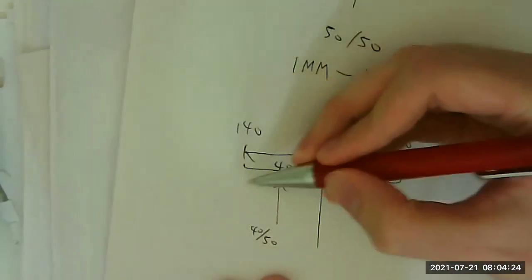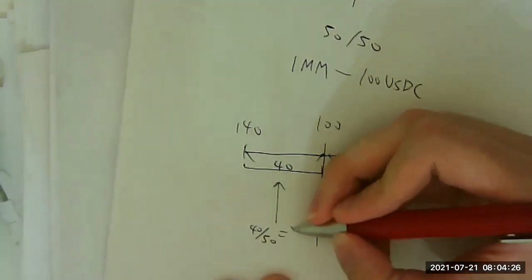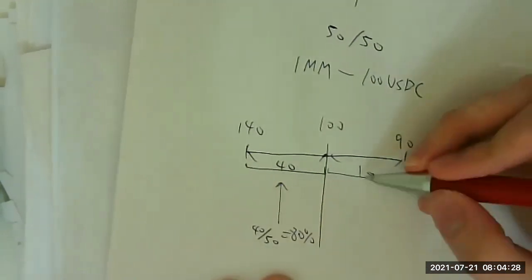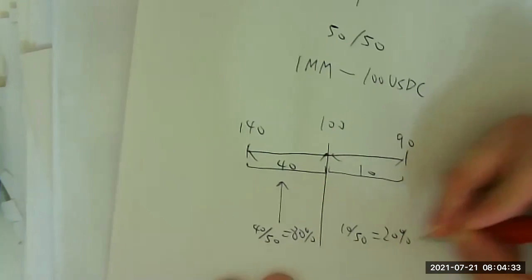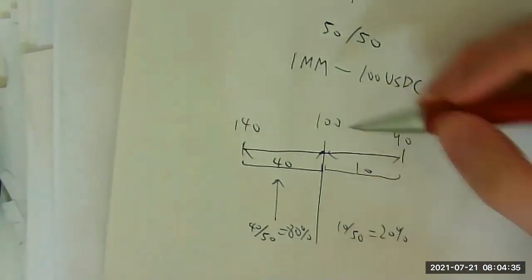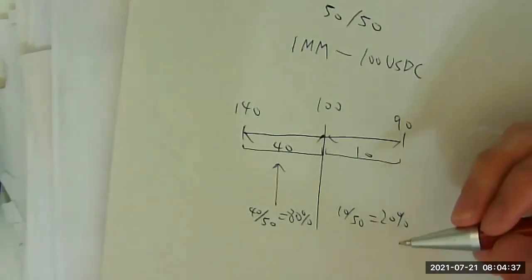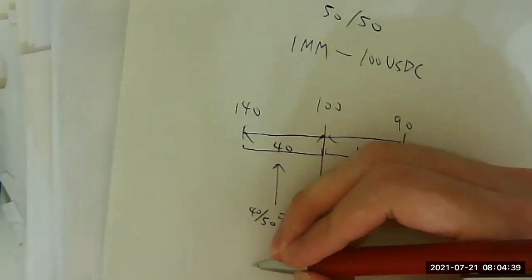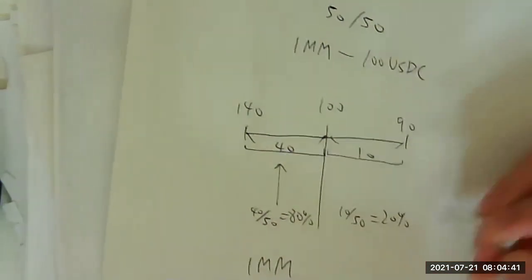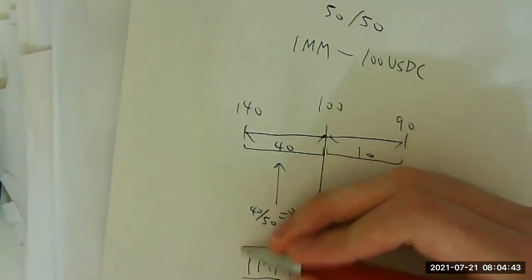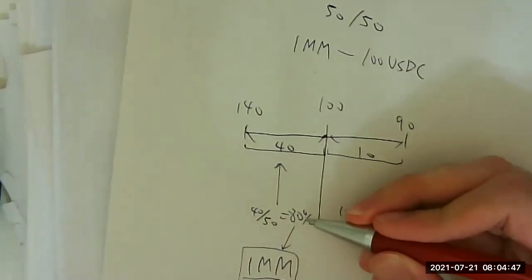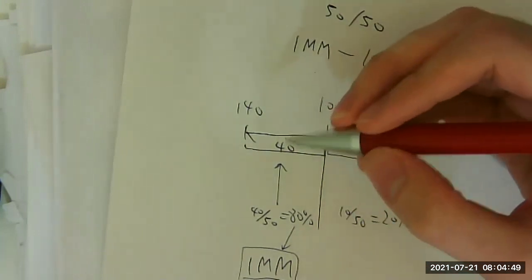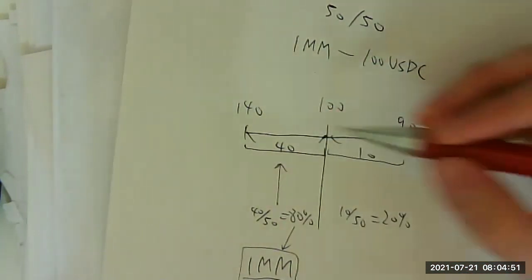So 50 is the whole range, which is 80% of the value. And here will be 10 over 50, which will occupy 20% of the total value that you want to put in. So say, again, if you want to put 1 mm here, this value would occupy 80% of the whole liquidity value.